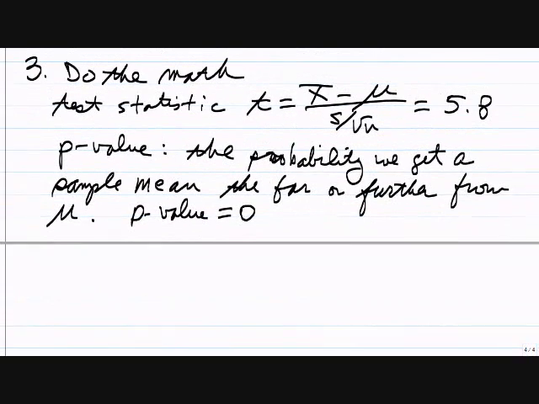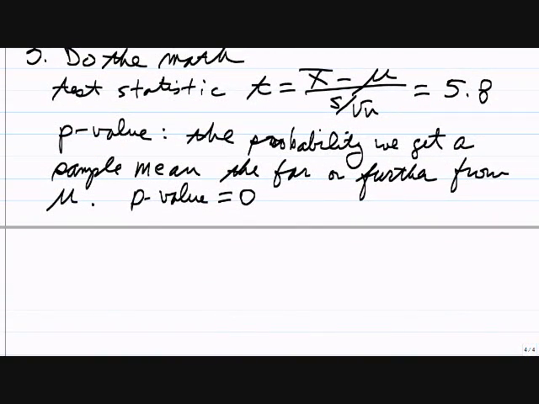Let me just give you some caveats, some warnings right now. Null hypothesis will always have an equals to it. When I learned stats, my first stats class way back when, you didn't use equals all the time, but now we do.